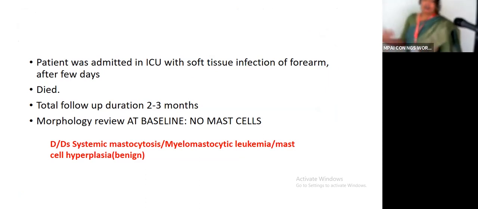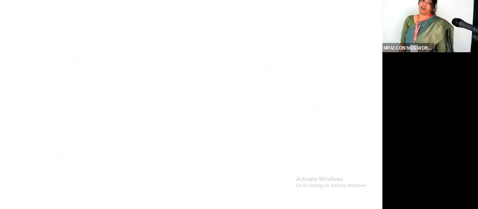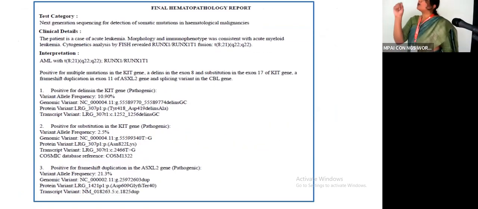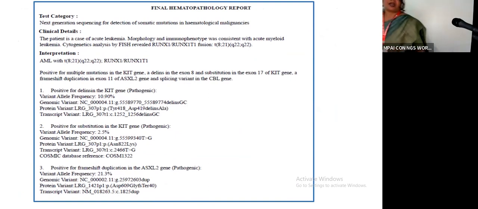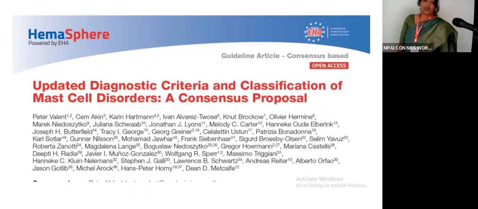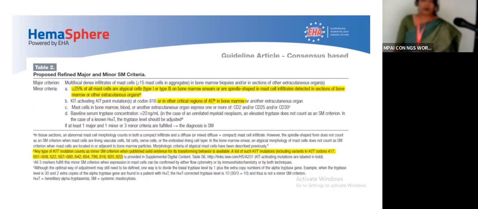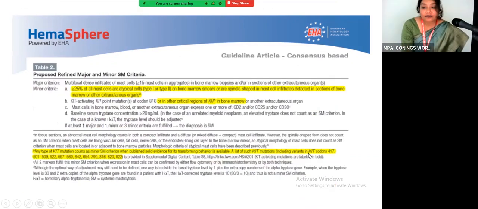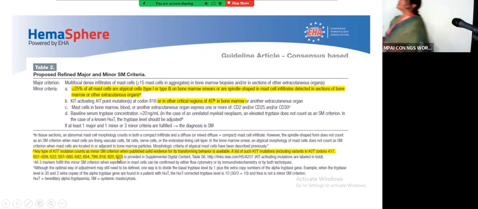But before this fifth edition, there were some reservations in classifying the case because D816V was so important. Now the newer WHO classification and criteria have emerged, which say that a list of KIT mutations, including variants in codons 417, 501 to 509, 522, 557, and 822, qualify. So now this case has an aberrant CD2.